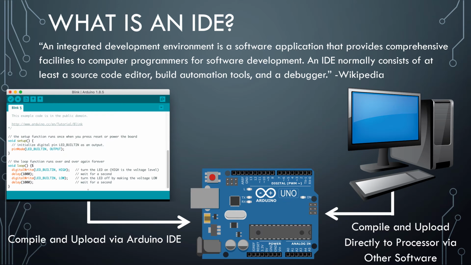For those who might not be as familiar with software development, let's quickly answer the question, what is an integrated development environment? Basically, an IDE, or integrated development environment, is software for writing software. They call it a development environment because this program is what you use when you're developing software.